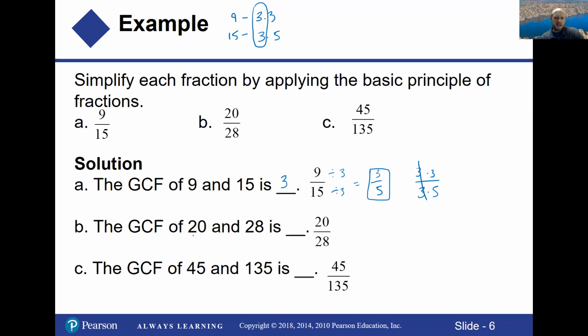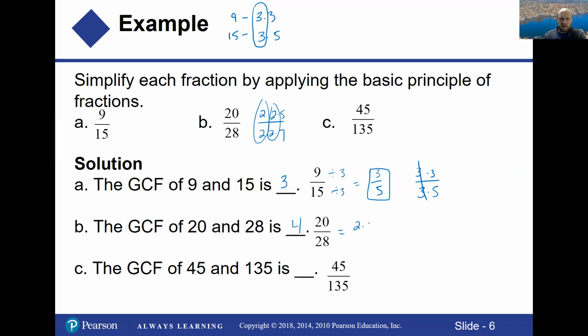So let's find the GCF of 20 and 28. Well, what's the GCF of those? Well, we know that 20 is the same thing as 2 times 2 times 5. 28 is 2 times 2 times 7. And these have a 2 and another 2 in common. So 2 times 2 is 4. That's the greatest common factor. And when we're simplifying it, we kind of do the same thing that I wrote above. Okay, we could divide top and bottom by 4. That would give you your answer.